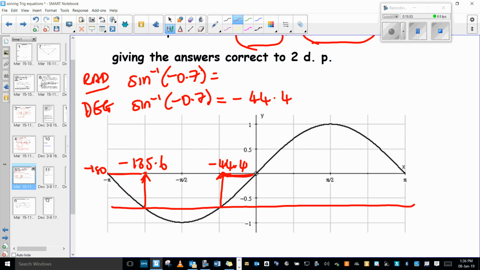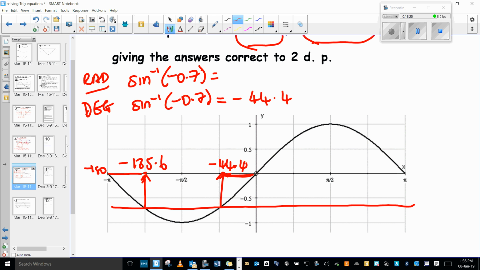You should recognize that this is negative 180, and so this is not as far as that. It's got to be less than 180. So if you're writing down a number like 224, that should ring alarm bells and say, oh, hang on, I've done something wrong. So this is what I want you to do in the test. Whilst I can stand here and tell you what to type into your calculator, what I want you to do is to do what your gut instinct tells you and then work it out from there.